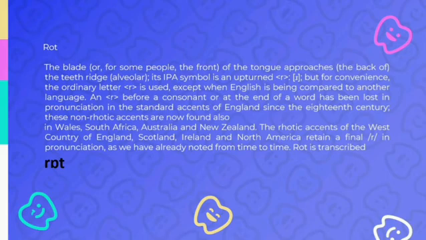An R before a consonant or at the end of a word has been lost in pronunciation in the standard accents of England since the 18th century. These non-rhotic accents are now found also in Wales, South Africa, Australia, and New Zealand.